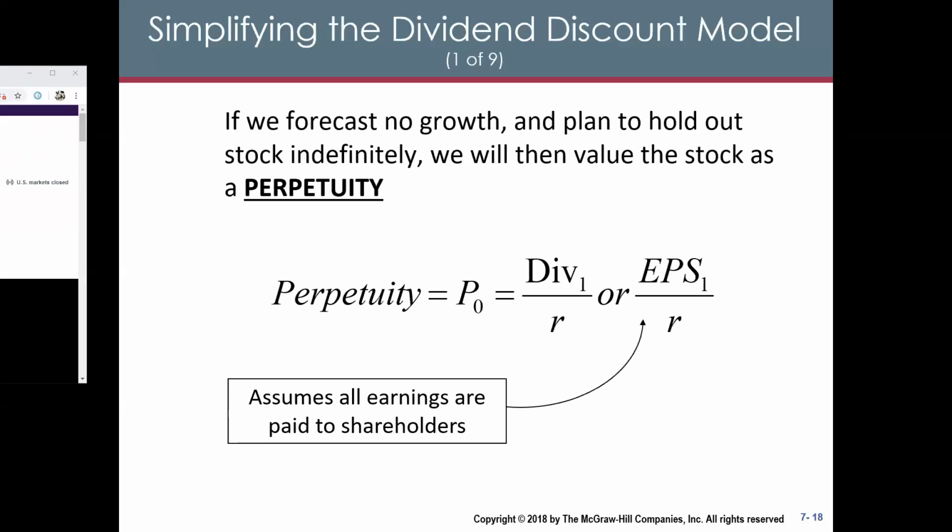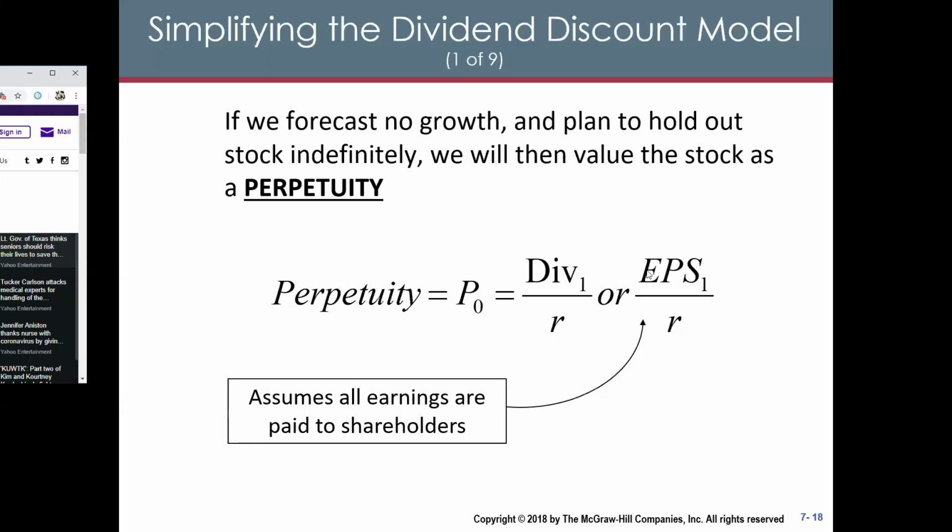So the dividend here is also equal to the earnings per share. This is the assumption we make, and P0, the present value, can also be written as the EPS, the earnings per share, divided by the discount rate.